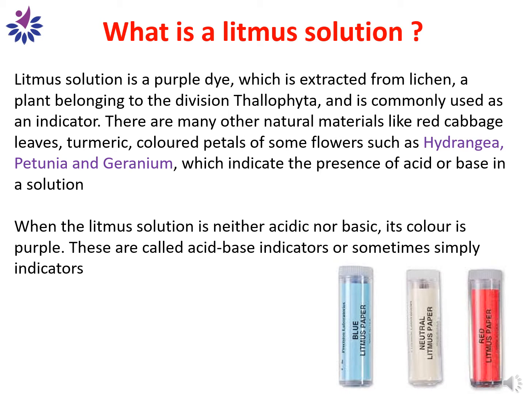Not only lichen, but there are many other natural materials like red cabbage leaves, turmeric, and colored petals of some flowers, which indicate that there is some acid or base in a solution. When litmus solution is neither acidic nor basic, its color is purple. These are called acid-base indicators, or sometimes just indicators.